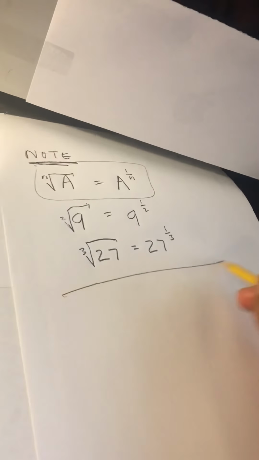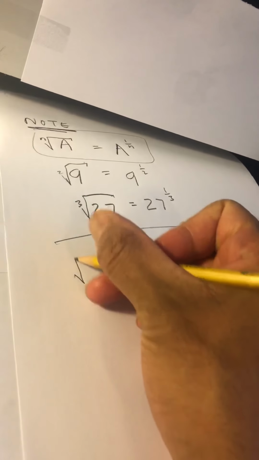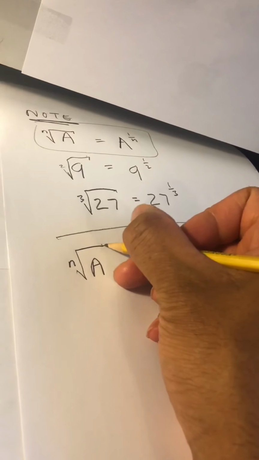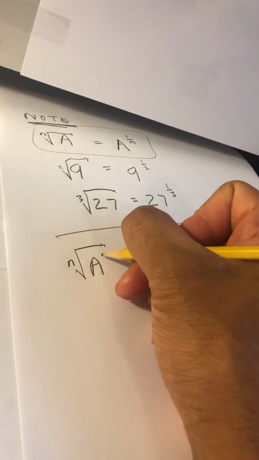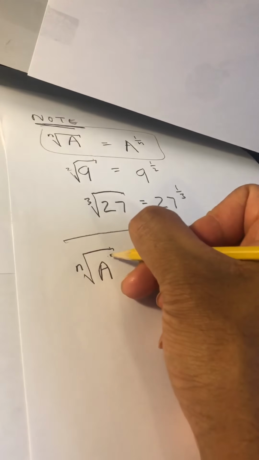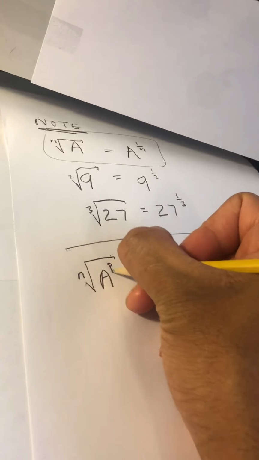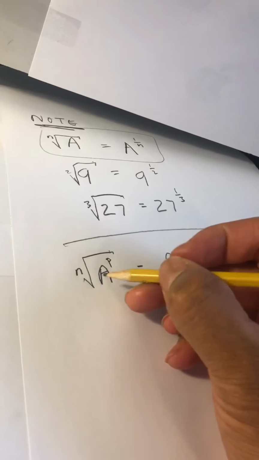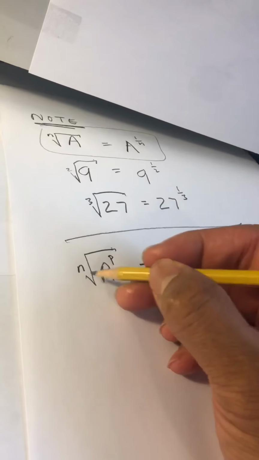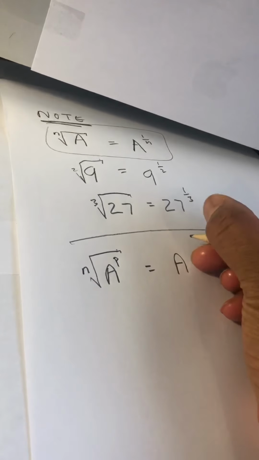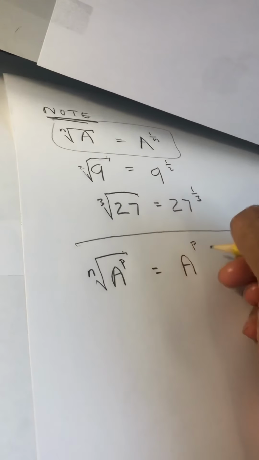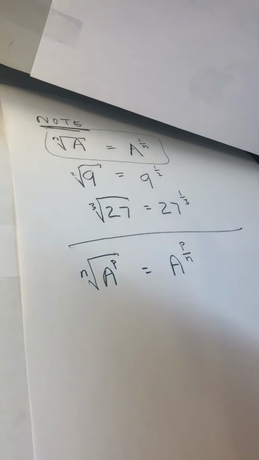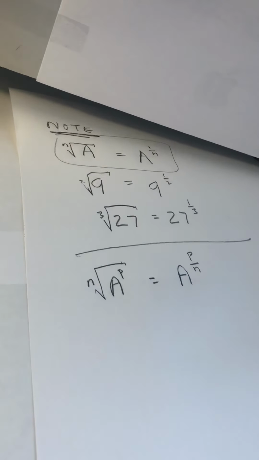Another rule to note is that if I had a to some different exponent, let me make this a p, then where it's defined, of course, the nth root of a to the p is just going to be a to the p over n.